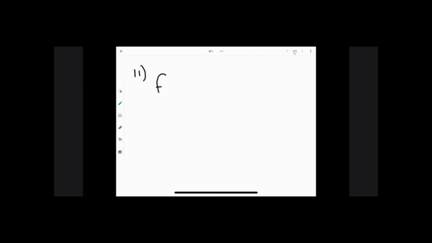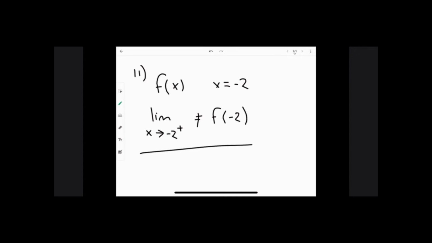Part 3 says that f of x is right continuous at x equals minus 2. In this function, we know that it's right continuous when the limit as x goes to minus 2 from the right is equal to f of minus 2. And as we saw in part 2, they are not actually equal, so we know that it's not right continuous and that 3 is false.